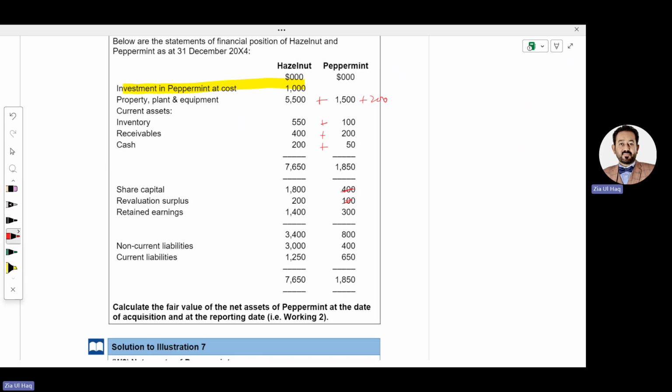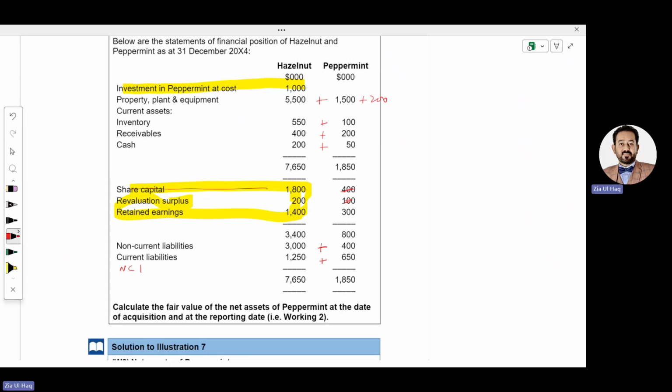Retained earnings we need to calculate. For non-current liabilities, we will simply add. For current liabilities, we will simply add, and we need to calculate the non-controlling interest figure here.